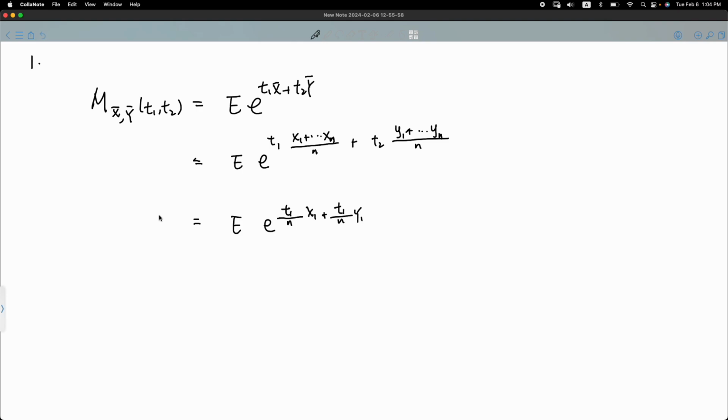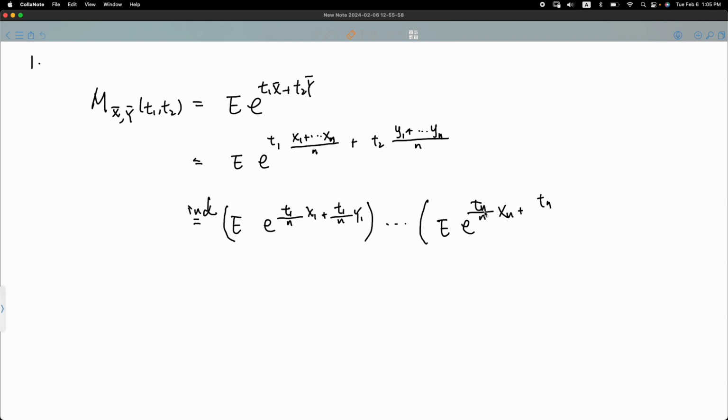Now we are also going to use the independence. Because they are independent, we can rewrite this as a bunch of products, the expectation of e, and then all the way to the last one, tn over n. So this n is the subscript n, and then xn plus tn.